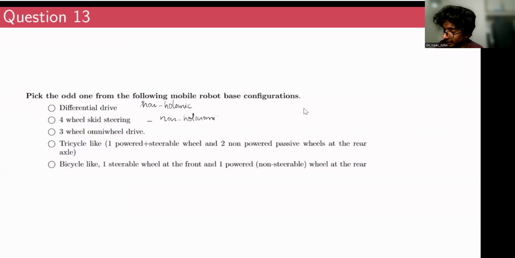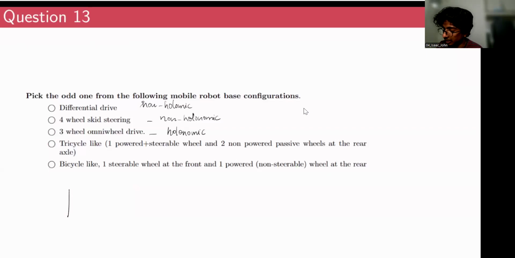The capability is still similar to skid steering, but it has 4 powered non-steerable wheels. Omni wheel is holonomic. And tricycle-like, 1 powered plus steerable wheel plus 2 non-powered passive wheels at the rear axle.